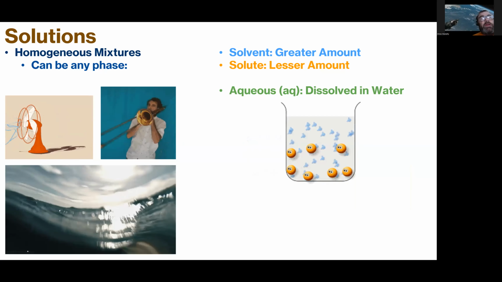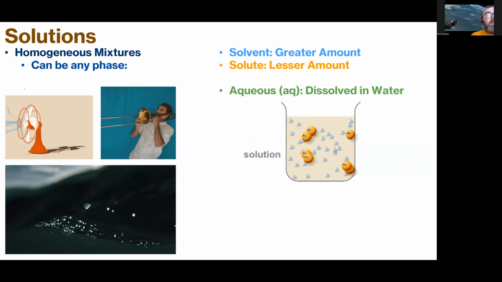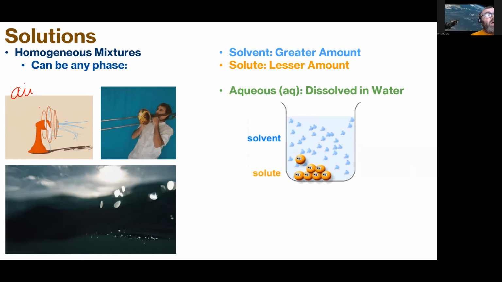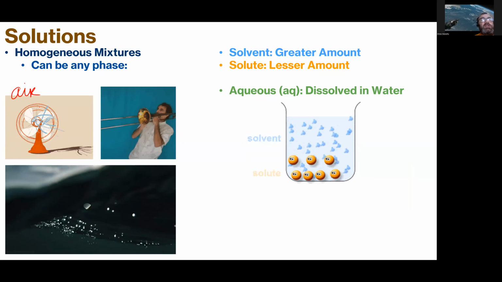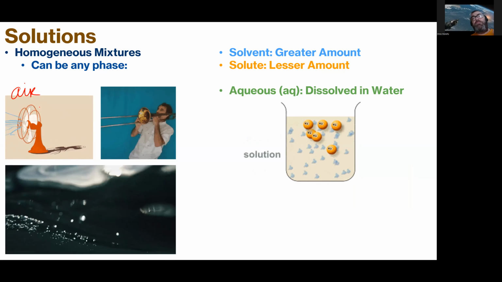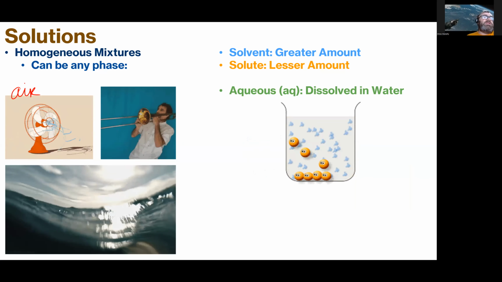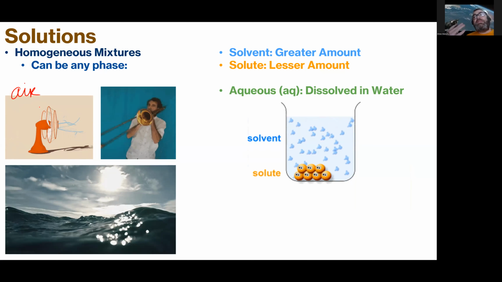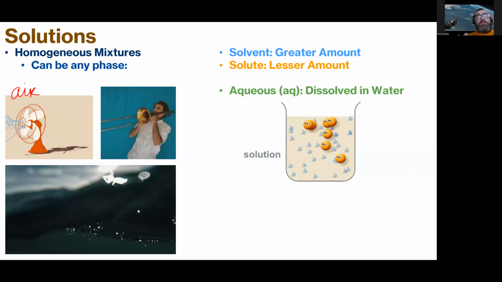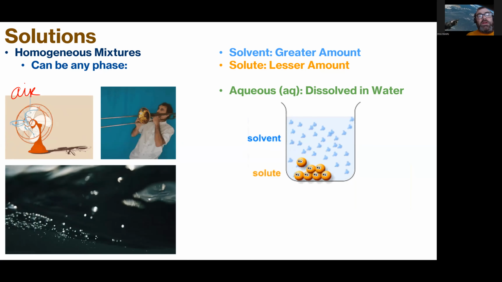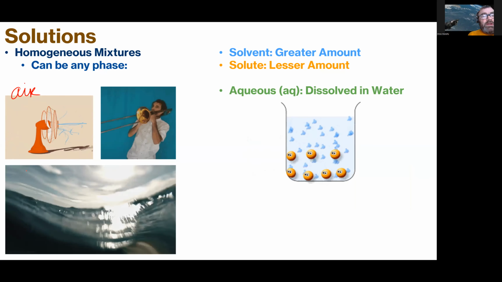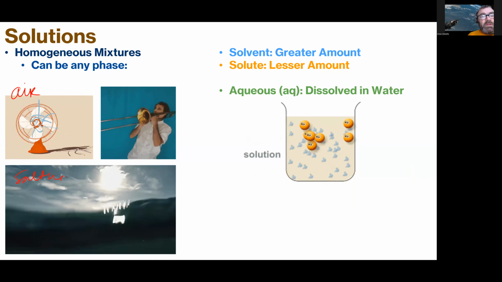I've got three random pictures here to think about this. This is representing air. Air is a mixture of nitrogen, oxygen, carbon dioxide, a little bit of water, blah, blah, blah, right? It's all gases, but the whole point is it's homogeneous. You can't see what's going on in there. Down here we have salt water, right?